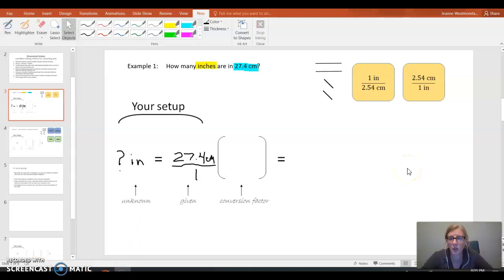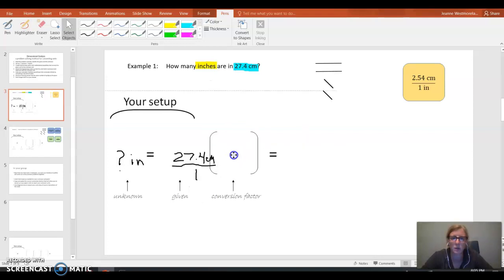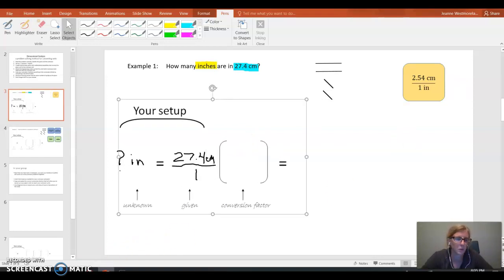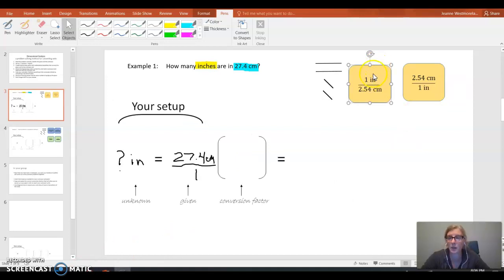Because centimeter is in the numerator of the given, I want centimeter to go in the denominator of my chosen fraction style ratio.